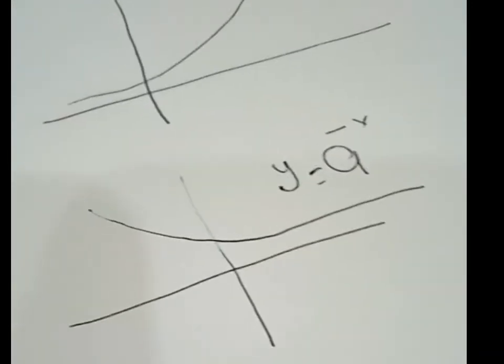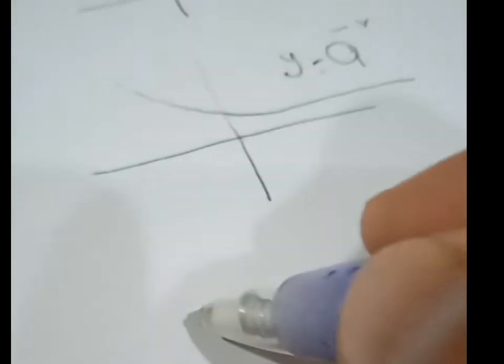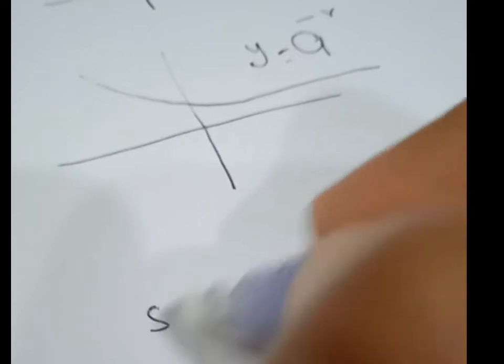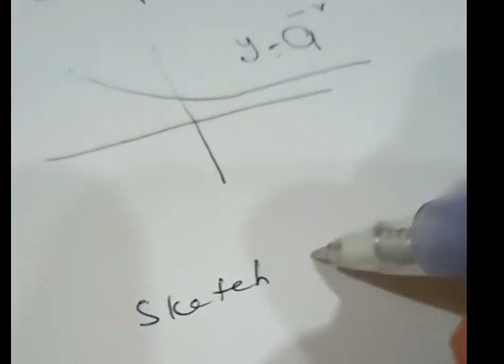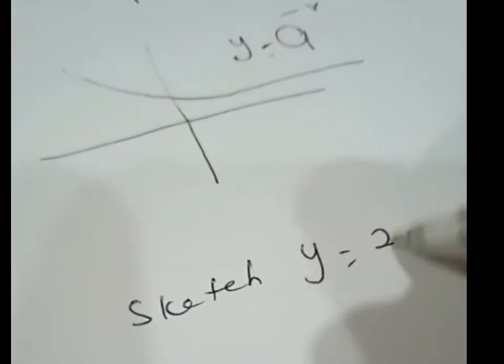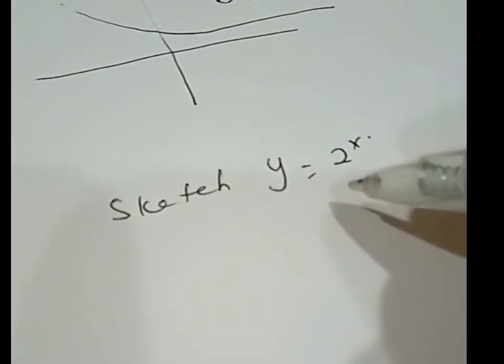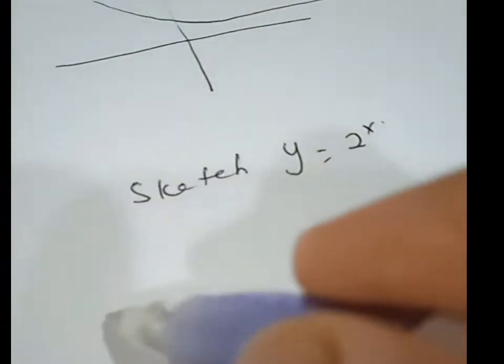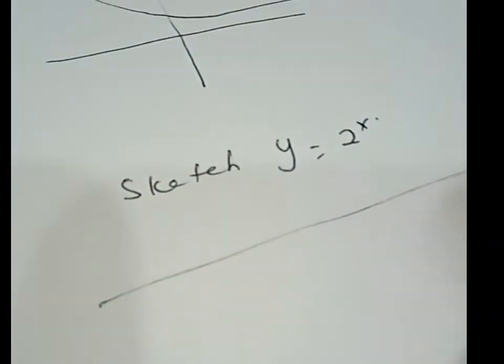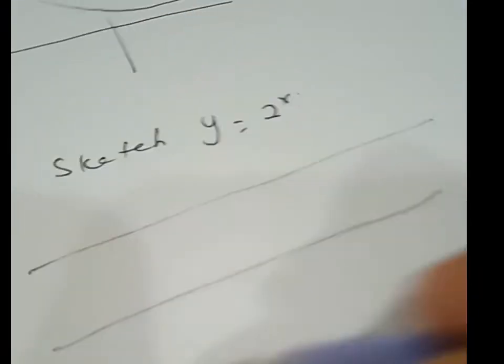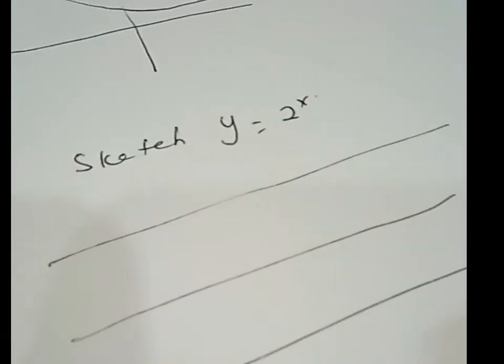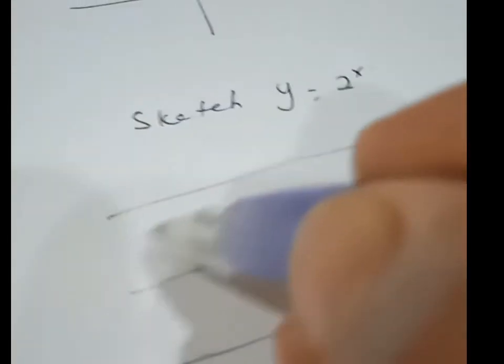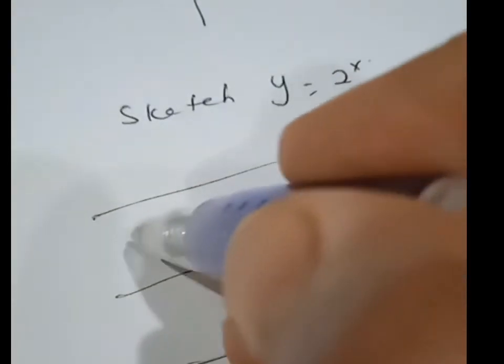Okay, example, let's say we were to sketch the function y equal to 2 power x. To sketch y equal to 2 power x, we need to do a table of coordinates x and y.